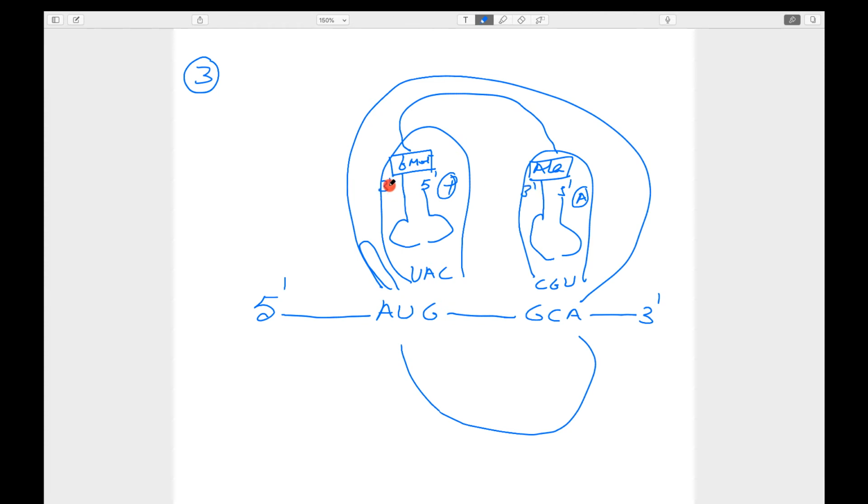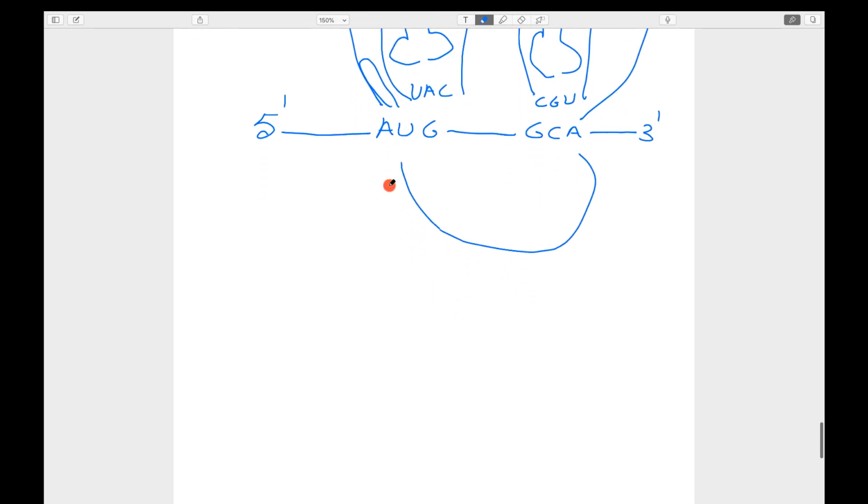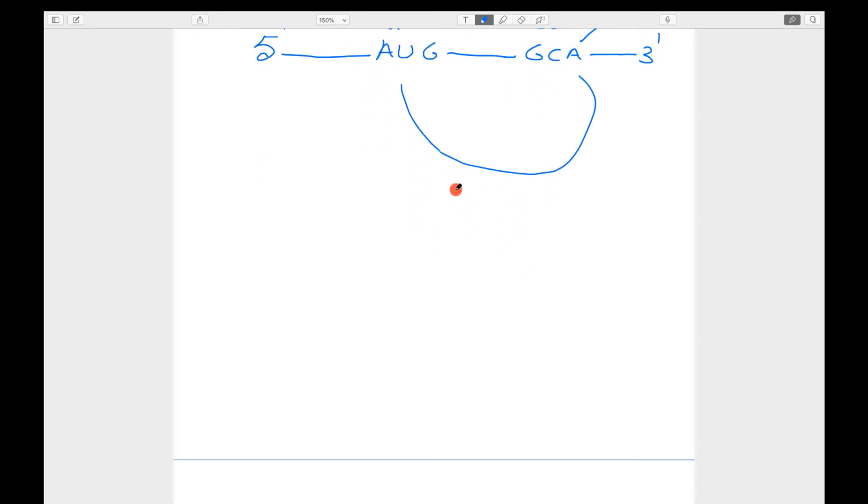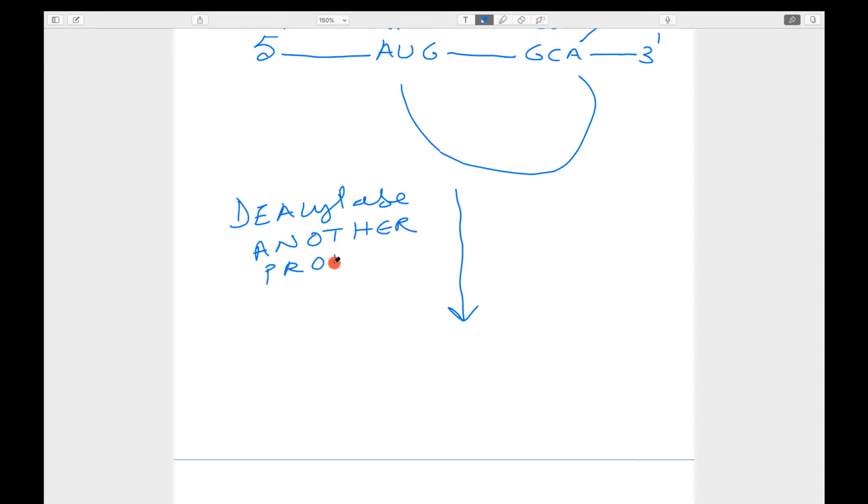Once this takes place, there is another enzyme. That enzyme is called deacylase. The deacylase enzyme is another protein associated with the ribosome, a ribosomal protein.